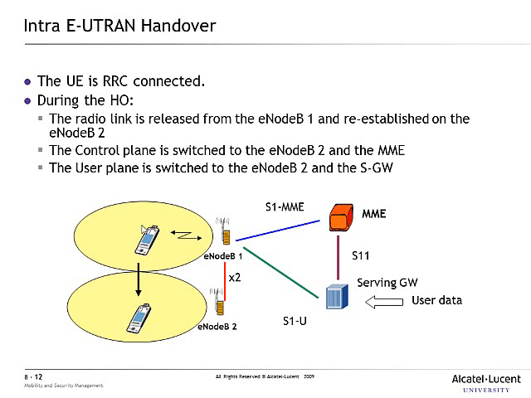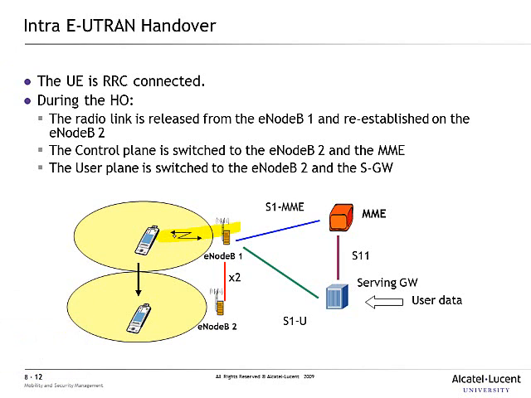Now we've already discussed that the UE is RRC connected. So we know that when a UE is in one cell, and in this particular case the UE is communicating with eNode B1.